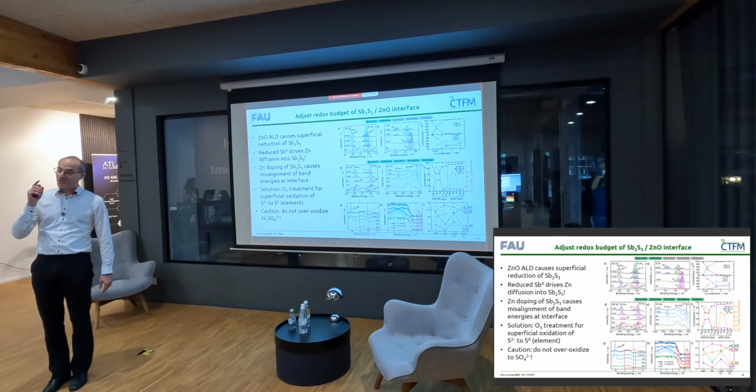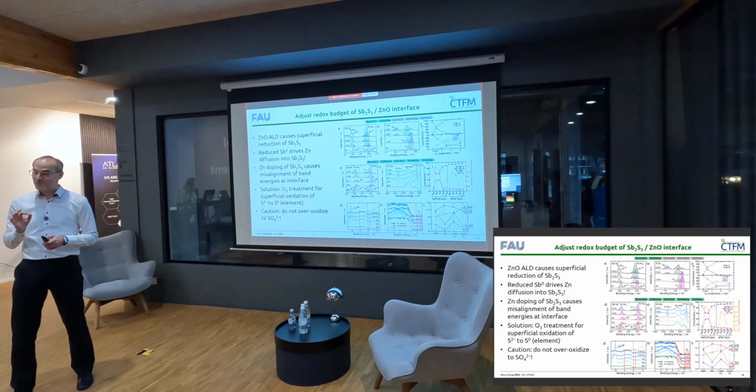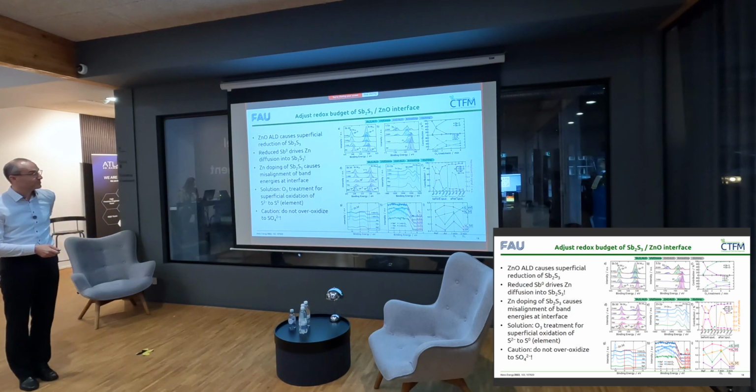Okay, so you can fix it by a preliminary oxidation of the surface of the antimony sulfide by just the right amount. You have to be careful with the amount, but if you expose the top of the antimony sulfide to ozone before depositing zinc oxide, then you oxidize some sulfide to sulfur.